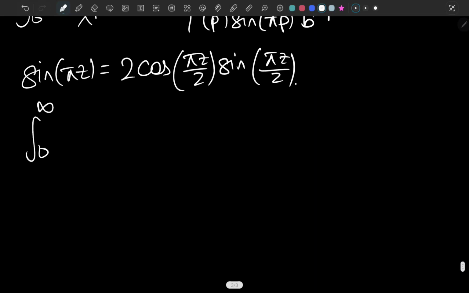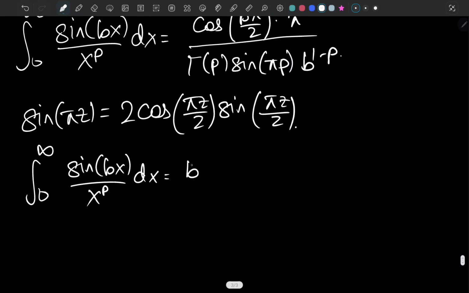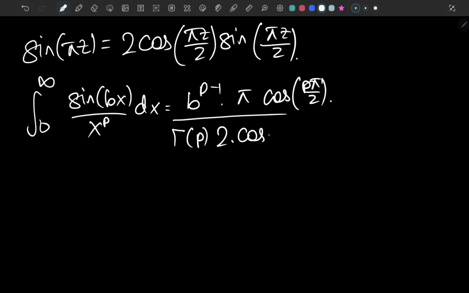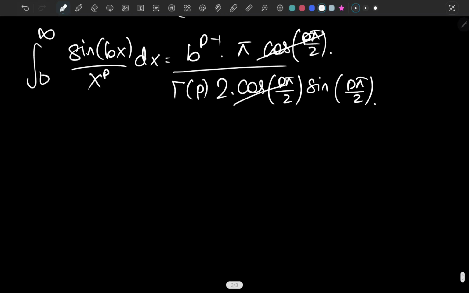So let's just write that down. Integral from 0 to infinity of sine of bx over x to the p dx equals b to the p minus 1 times pi over gamma of p, and we are having cosine of p pi over 2 as well, don't forget about that. It's 2 cosine of p pi over 2 sine of p pi over 2, and hence we just got rid of cosine terms.